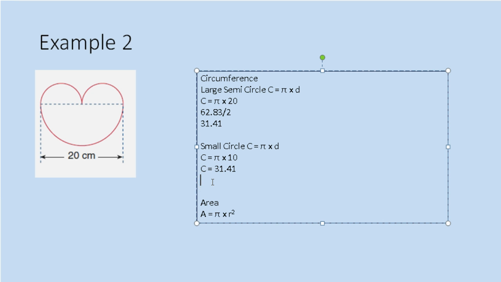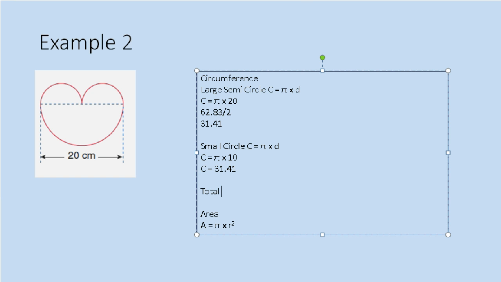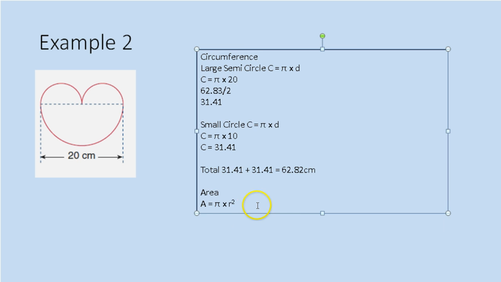So now to find the total circumference, I'm going to add those two together, 4 times 2 plus 31.41, and that gives us 62.82 centimeters.